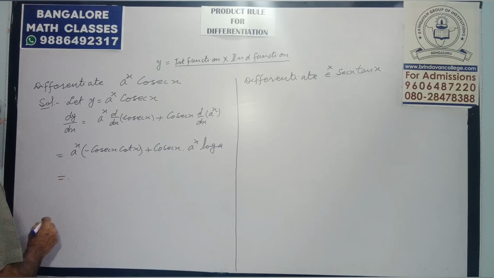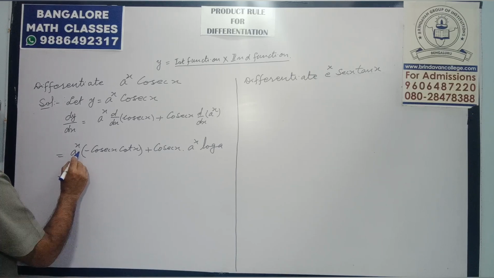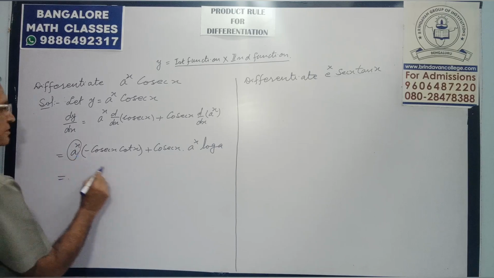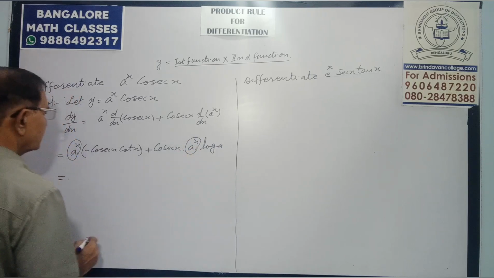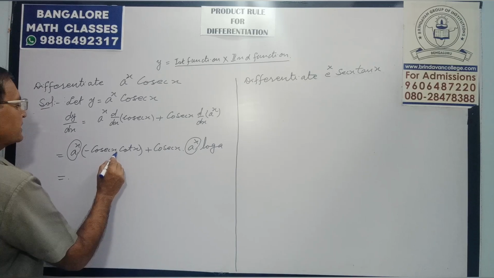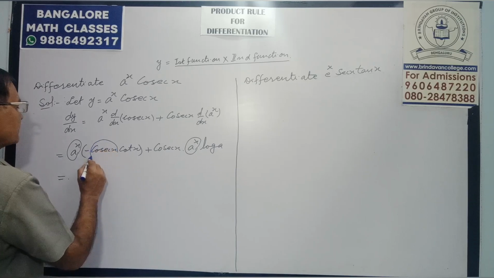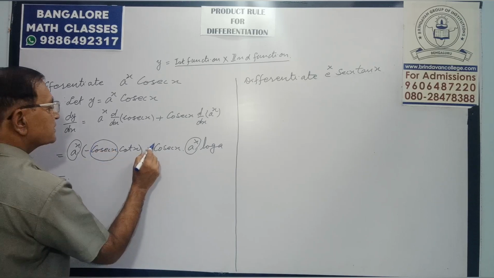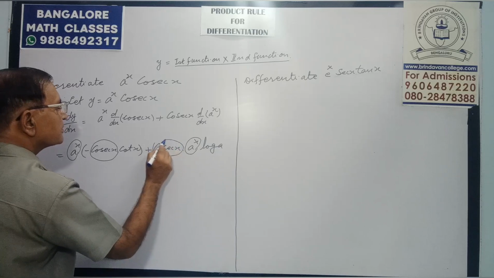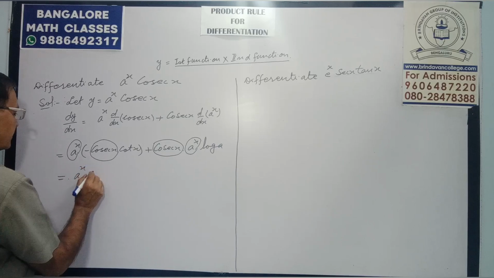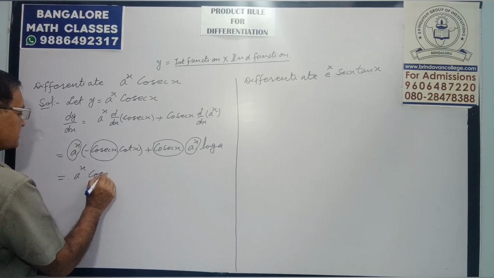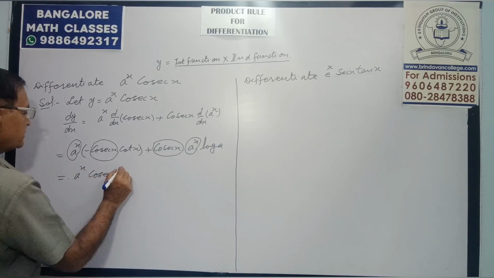Now see here carefully, aˣ we can take out. Cosecant x and cosecant x we can take out. aˣ cosecant x we can take out.